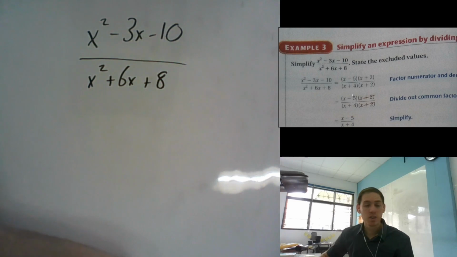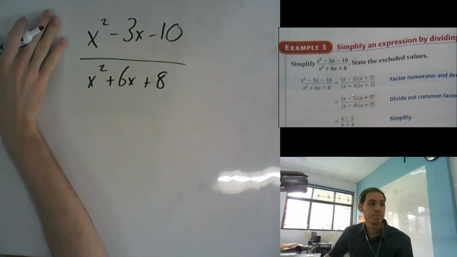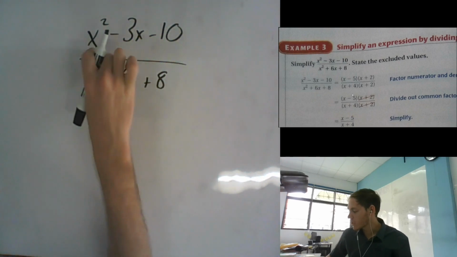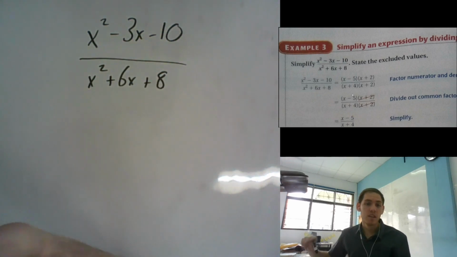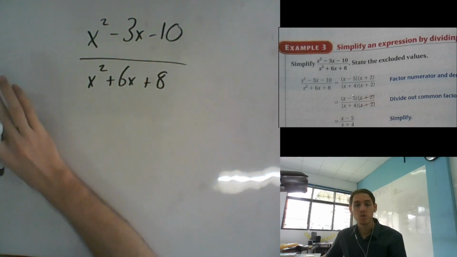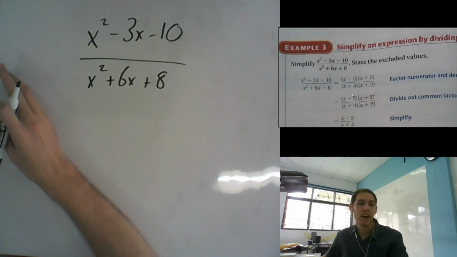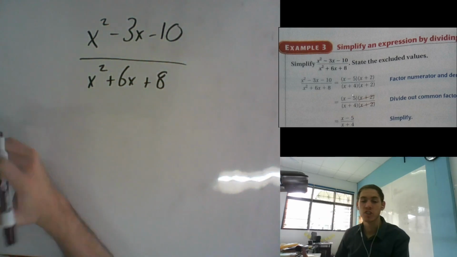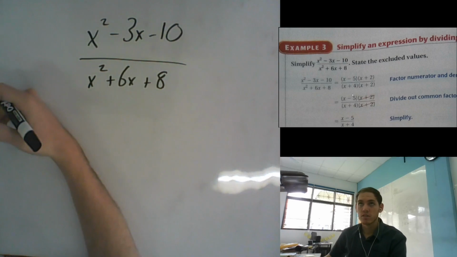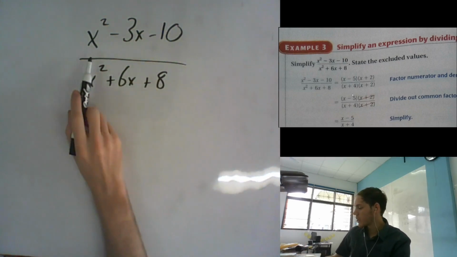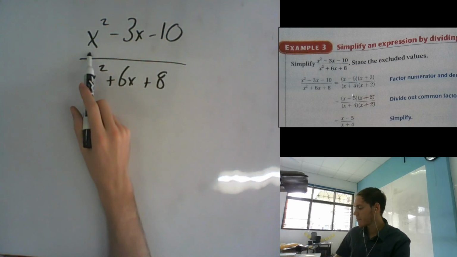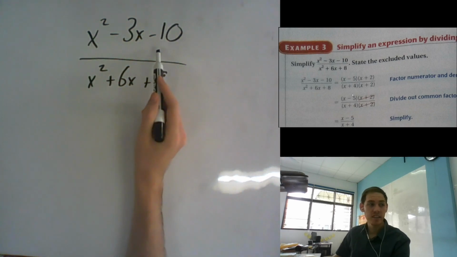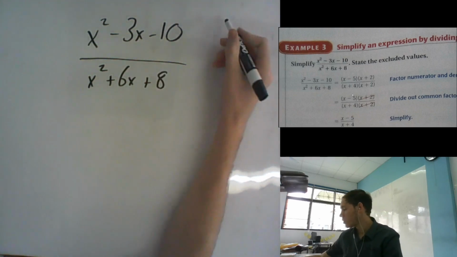Okay, so we have a quadratic on top and a quadratic on the bottom. For our purpose, we want to factor them. Factoring is going to be part of this homework just to get you to recall how to factor. So the top, this is a 1, so 1 and negative 10. What are factors of negative 10?